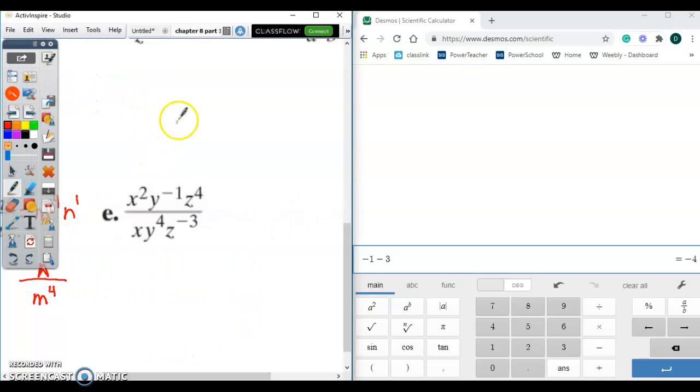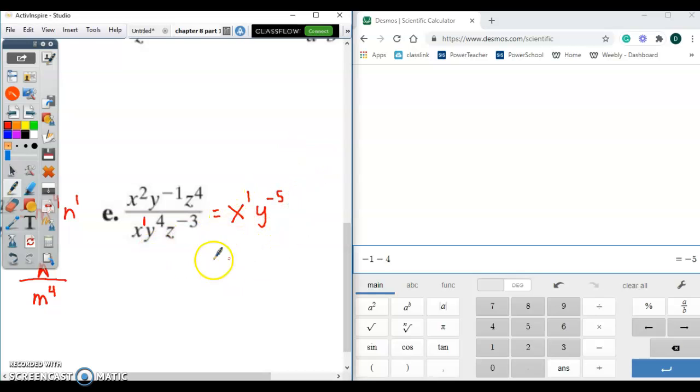Right? So in this one, again, there's a little 1 there. Don't forget that 1. So now we know we can take 2 minus 1 for that x, right? So we have the x, 2 minus 1 is 1. Here are our y's. Y to the negative 1, y to the 4th. Negative 1 minus 4. That gives us negative 5. So y to the negative 5.